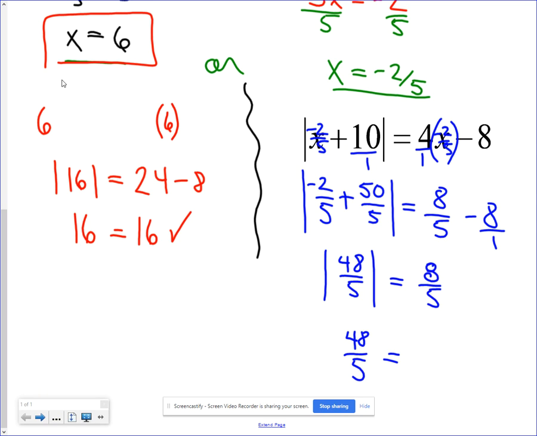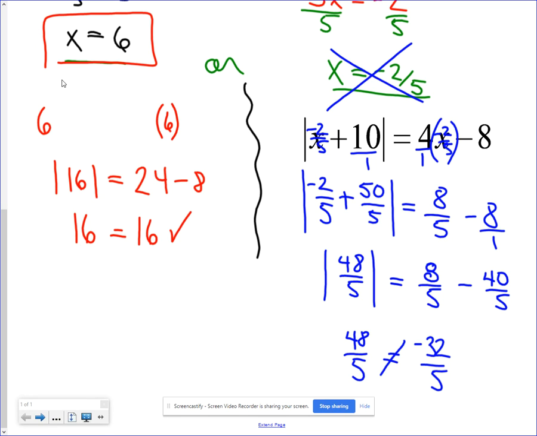So we've got 8 fifths minus 40 over 5. 8 minus 40 is negative 32. So over here, we get negative 32 fifths. On the other side, we've got 48 fifths. 48 fifths does not equal negative 32 fifths. So this solution doesn't work.